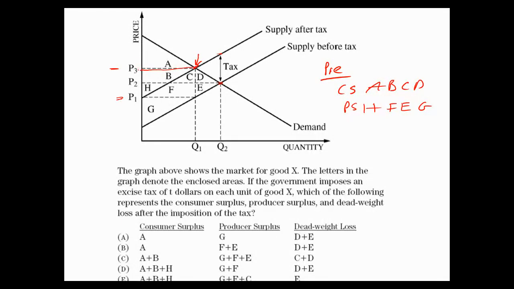They're paying P3, so their consumer surplus would just be A. The producers are receiving this, so the producer surplus is just G, and the deadweight loss is this area right here, which is D and E. The tax revenue the government is collecting is B, C, H, and F. So the answer should be A. Consumer surplus is A, producer surplus is G, and the deadweight loss is D and E.